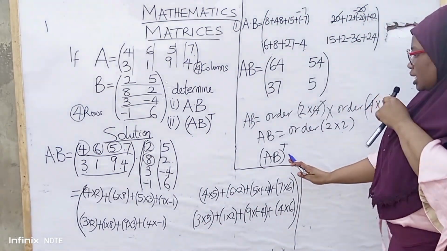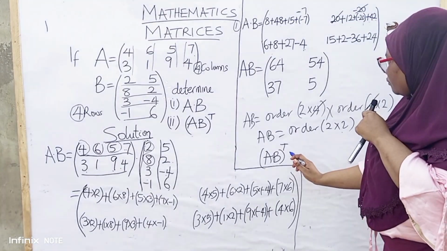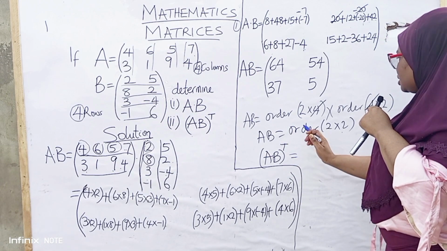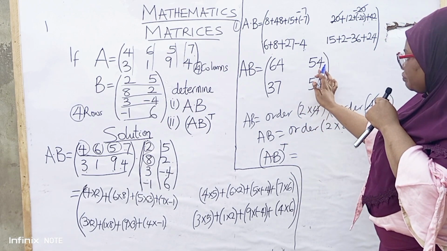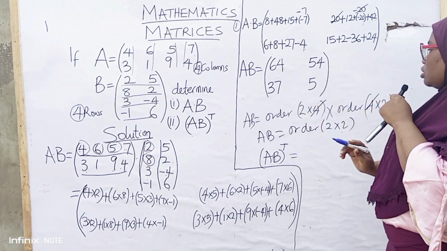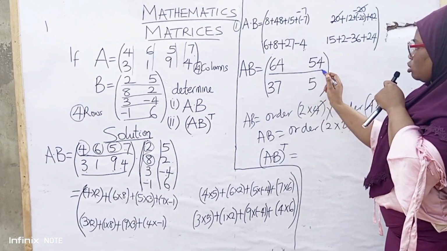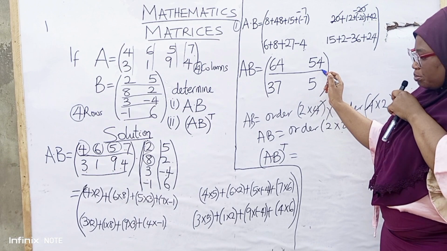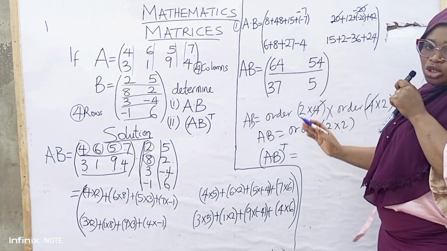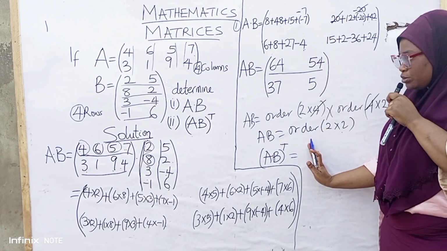So now, here, our AB is 64, 54, 37, 5. So if we want to find the transpose now, this row, the first row, will now be the column of the transpose.